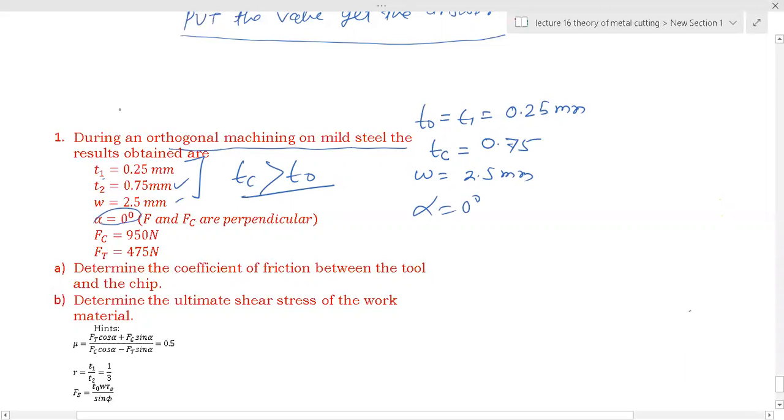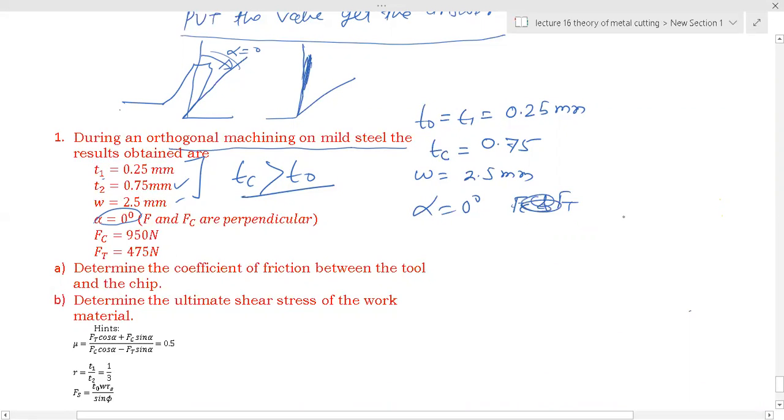When alpha is 0 degree, this line is perpendicular, meaning this angle is 0, meaning the cutting tool is like this. So Fc and Ft are perpendicular.